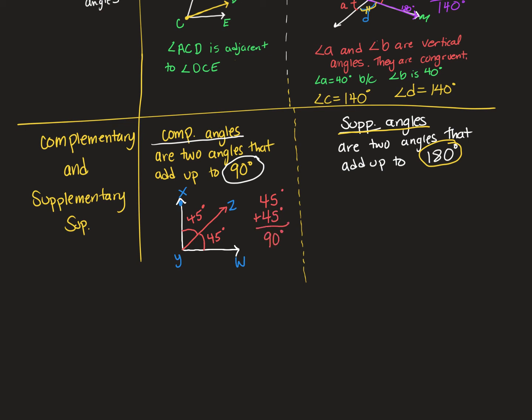So we would say at this point that angle XYZ and angle ZYW are adjacent, but we would also say that they're complementary because they add up to be 90 degrees. So those angles are complementary, or we're just going to put comp.